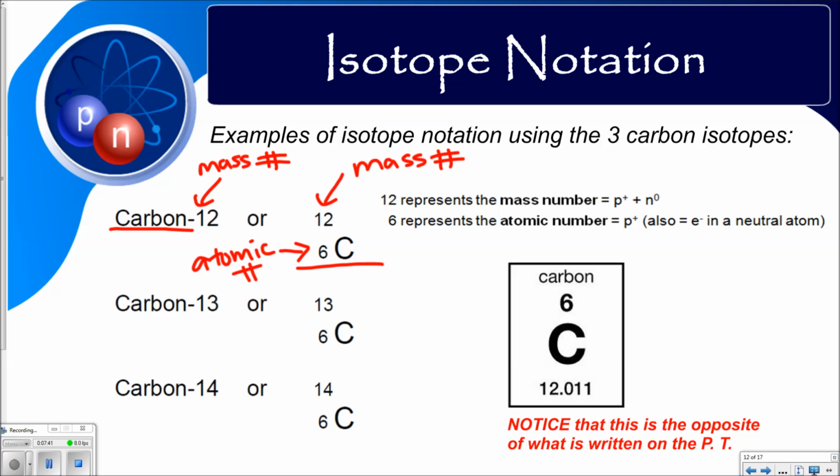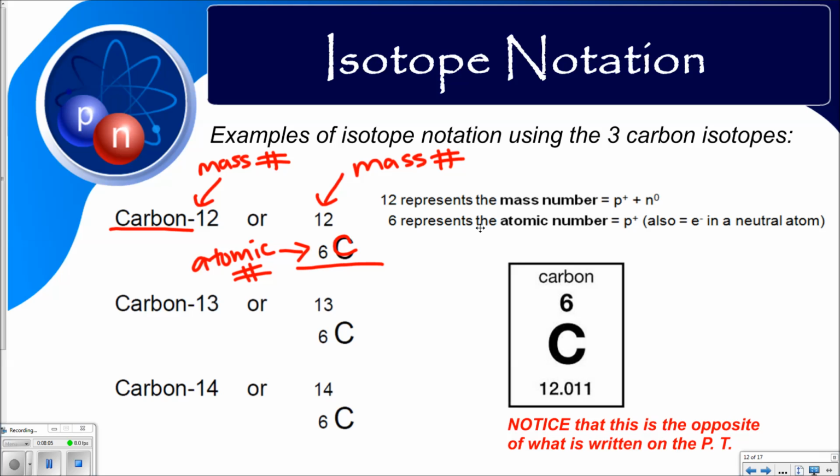And it's not really necessary to write out the atomic number, because if I know this is carbon, because it's giving me the symbol C, I can just look it up on the periodic table. But realize this is an isotope notation form. I want to emphasize in this moment that in isotope notation, mass numbers on top, atomic numbers on bottom.